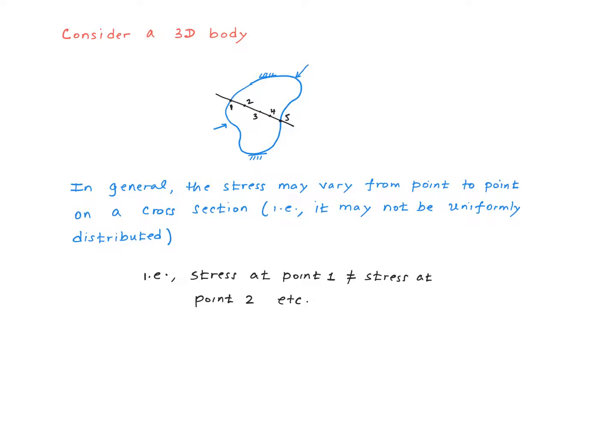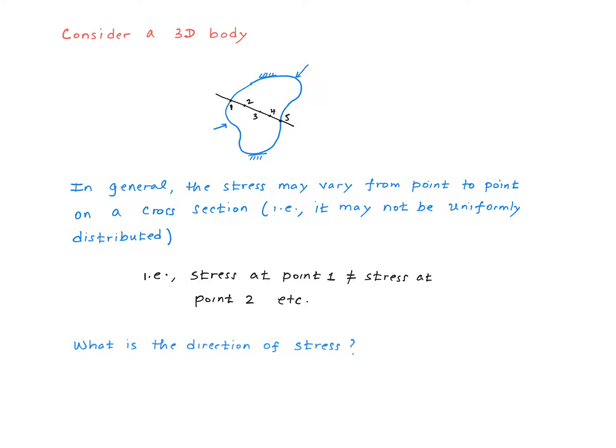Now this is particularly true for a 3-dimensional body like this. On this plane, the stress is going to vary from point to point. In other words, stress at point 1 is not going to be the stress at point 2, which is not going to be the stress at point 3, which is not going to be the stress at point 4, and so on. In general, of course.